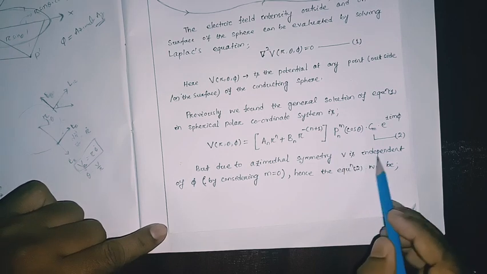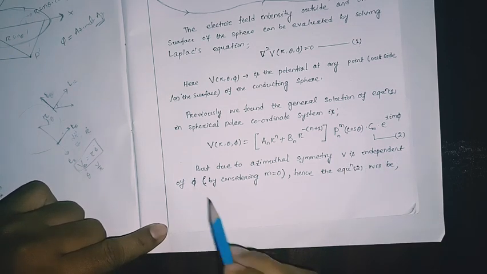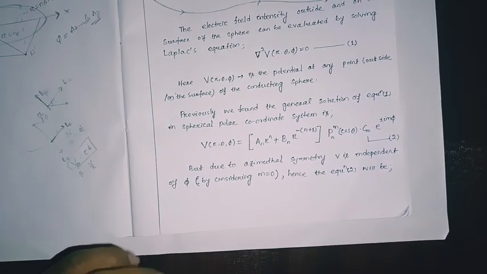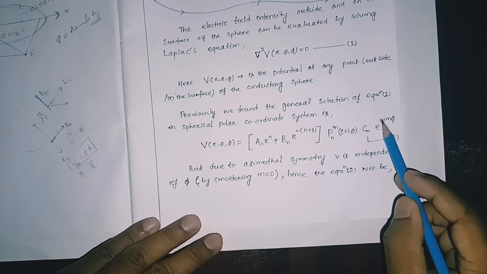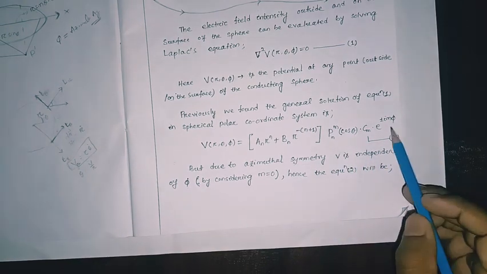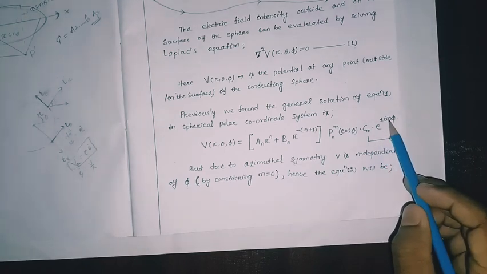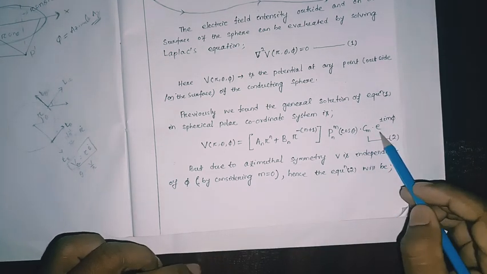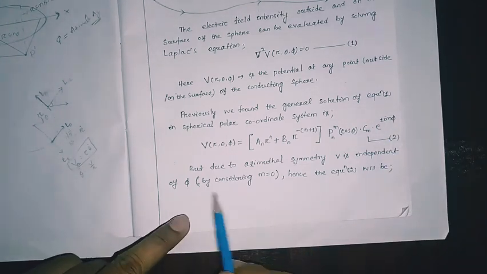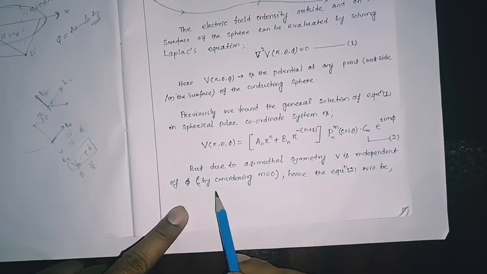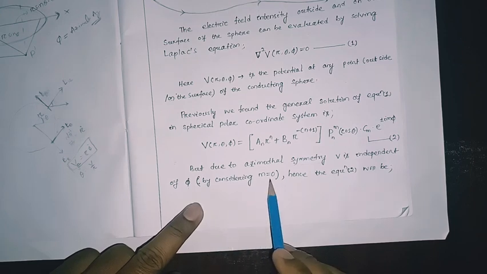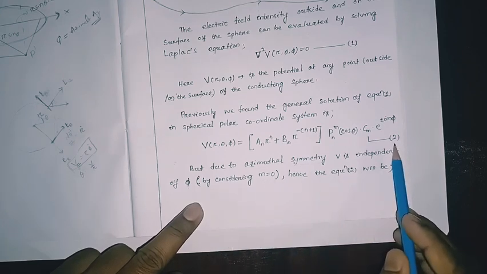So V is independent of phi. If so, then the term e to the power plus or minus i m phi will not appear in equation number 2. If we put m equal to 0, then e to the power 0 is 1, and this term will not appear in equation number 2. So V is independent of phi by considering m equal to 0 in equation number 2.